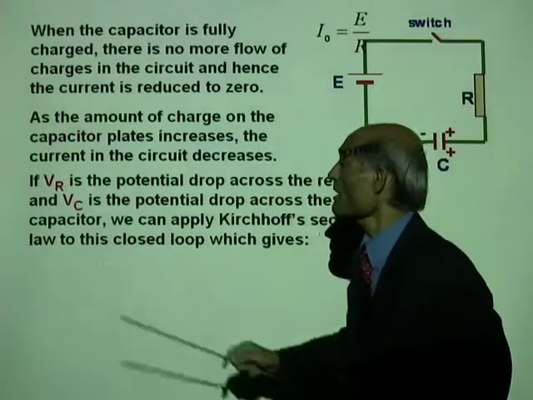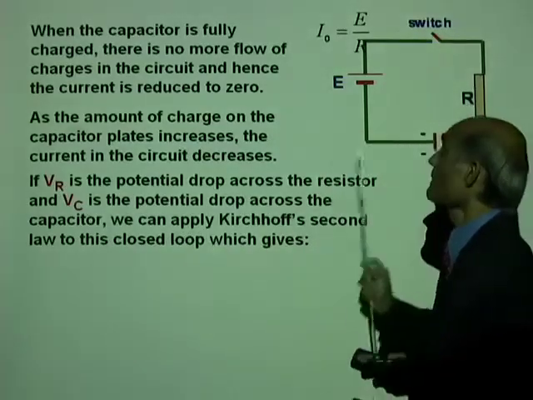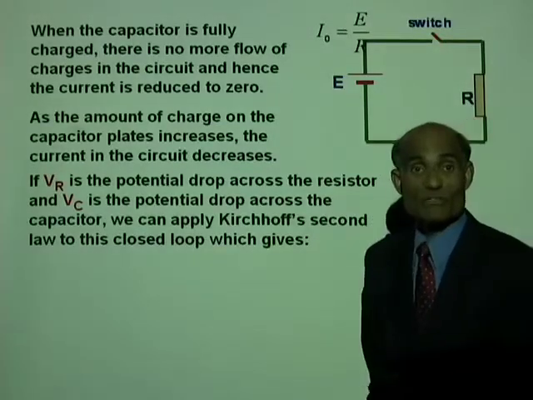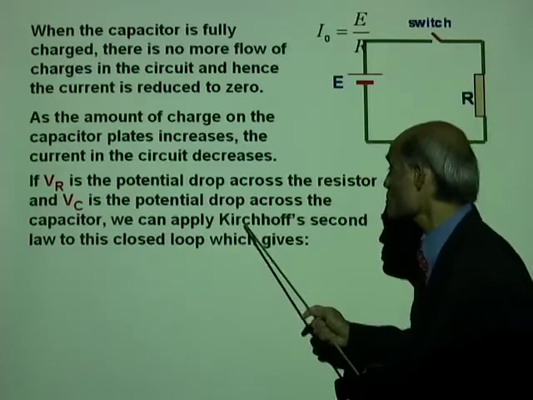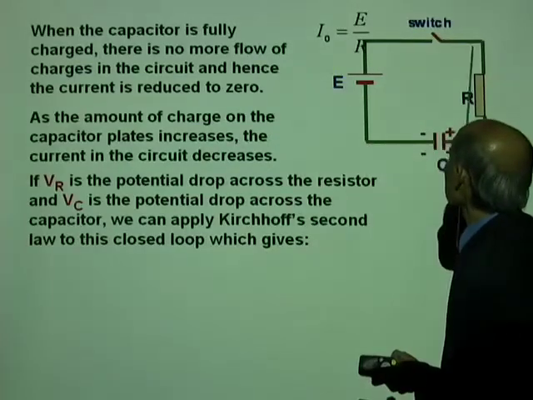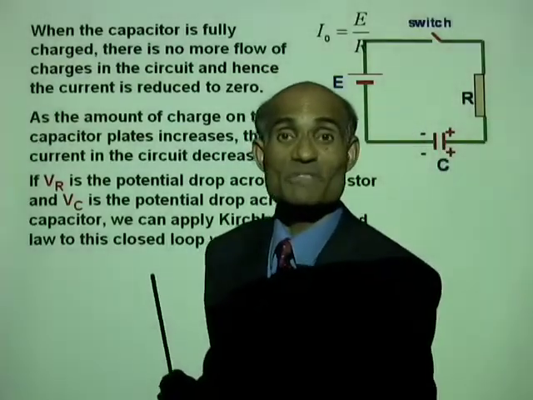Alright, if VR is the potential drop across the resistor and VC is the potential drop across the capacitor, we can apply Kirchhoff's second law in the closed loop circuit. Do you remember Kirchhoff's second law?